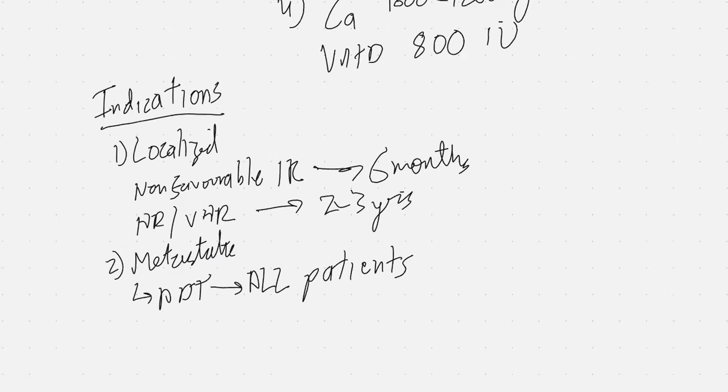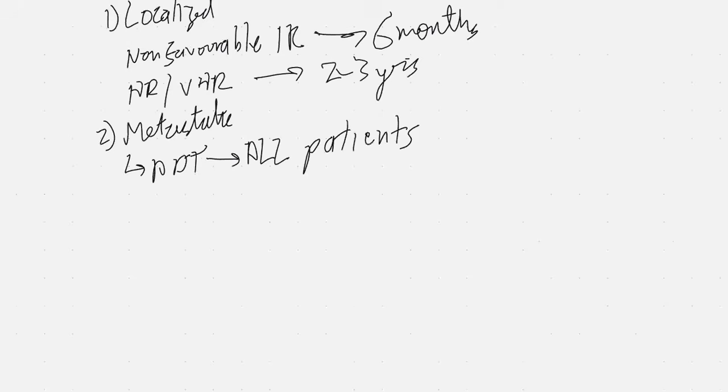Now let's move on to the second set of drugs in systemic therapy in prostate cancer. That is anti-androgens. Okay. And earlier we used to use steroidal anti-androgens. Currently we use non-steroidal anti-androgens. Okay.